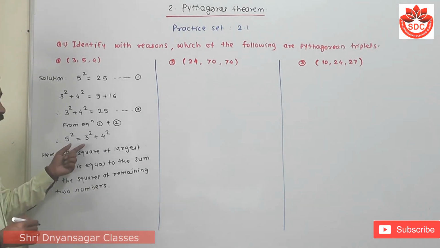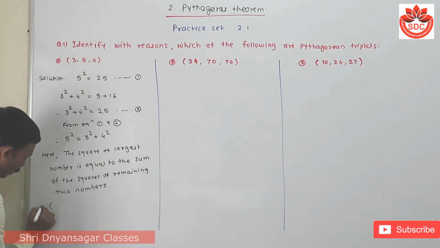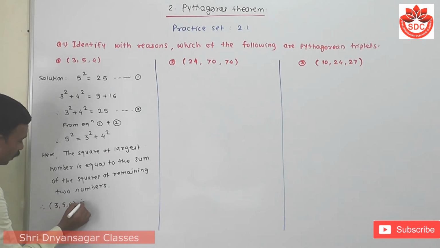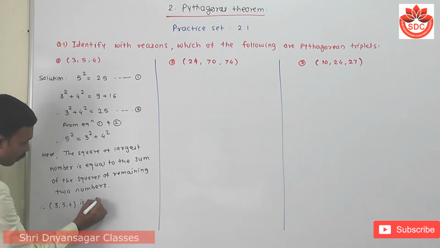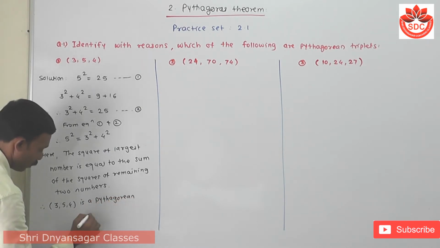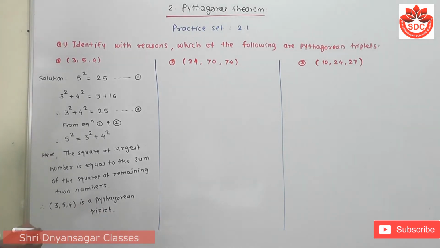Therefore, these 3 numbers are in Pythagorean triplet. Means we write the answer in a full sentence: therefore, 3, 5, 4 is a Pythagorean triplet. Can you understand the first example?